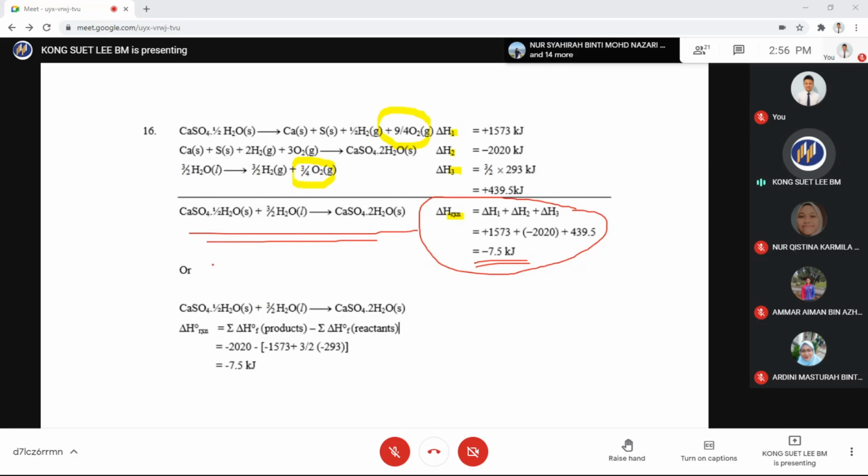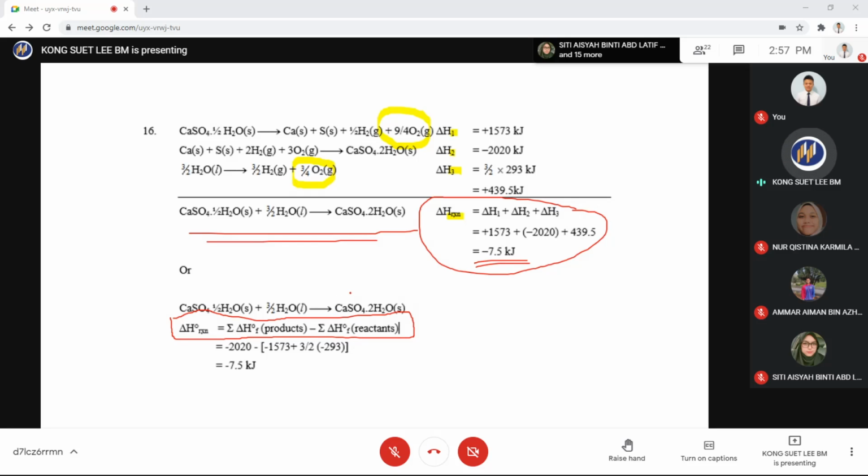Another one is the formula. If the question is just around 3 marks or 2 marks, you just need to use this formula. But please take note, this formula is only applicable for the enthalpy of formation. In this case, because the enthalpy of formation of calcium sulfate half water, calcium sulfate 2 water, and the enthalpy of formation of water are stated, we can apply this formula.